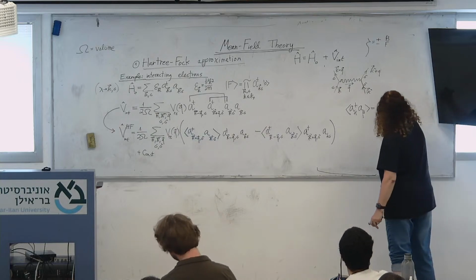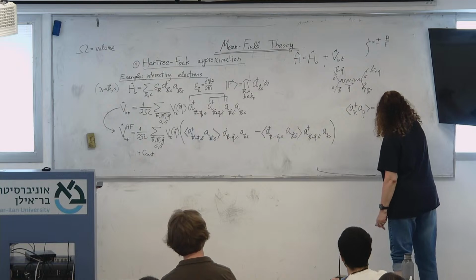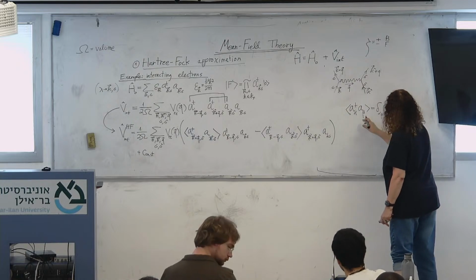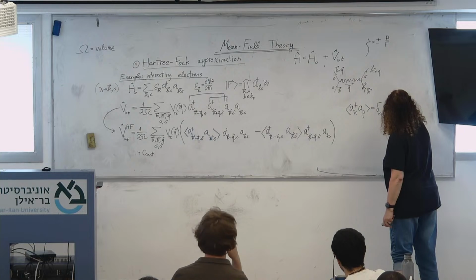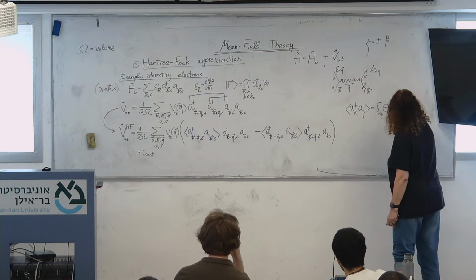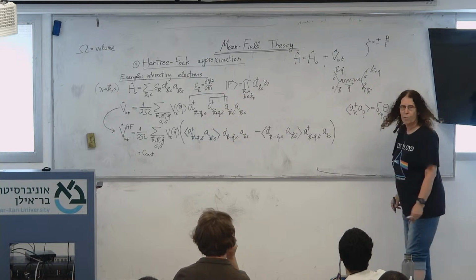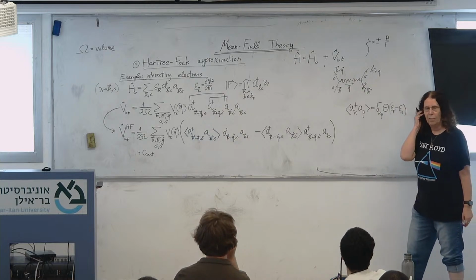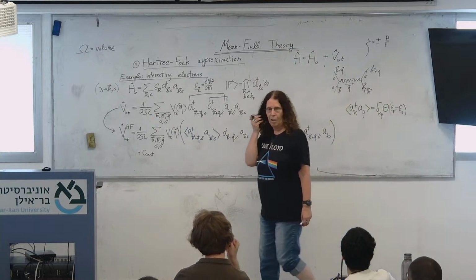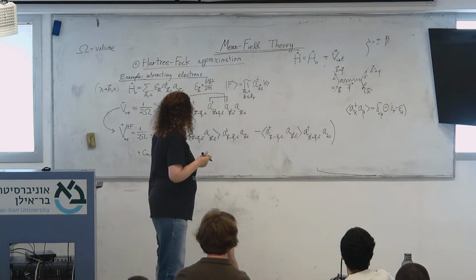So it's this times a theta of E F minus epsilon of alpha. Only if it's inside the Fermi sea do you get something that is non-zero.